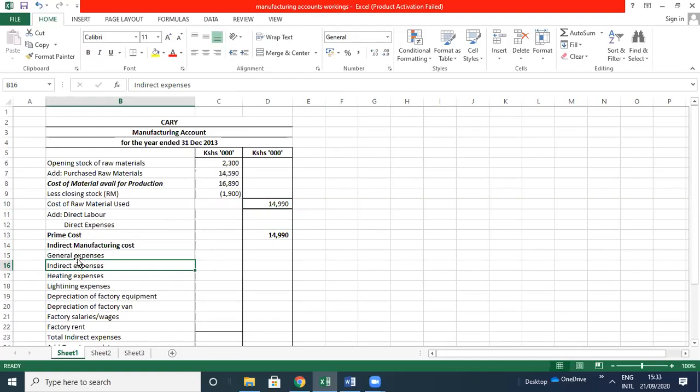General expenses for the factory should be there, because we are dealing with the manufacturing account. What is the figure? General expenses for the factory: 7730.